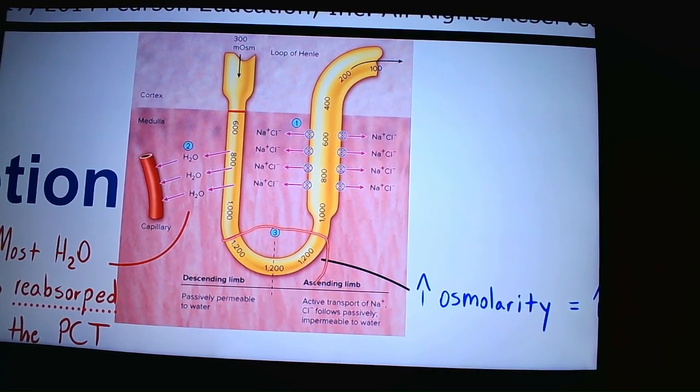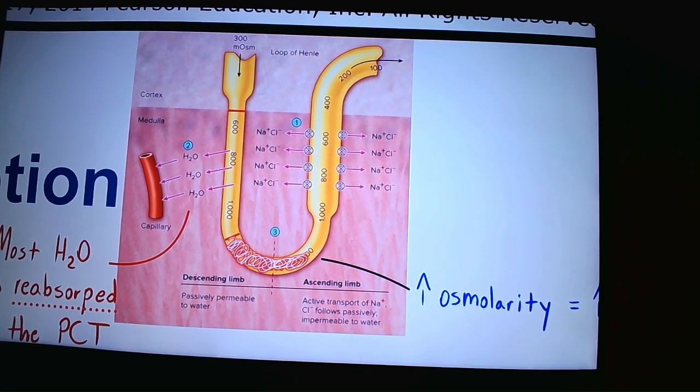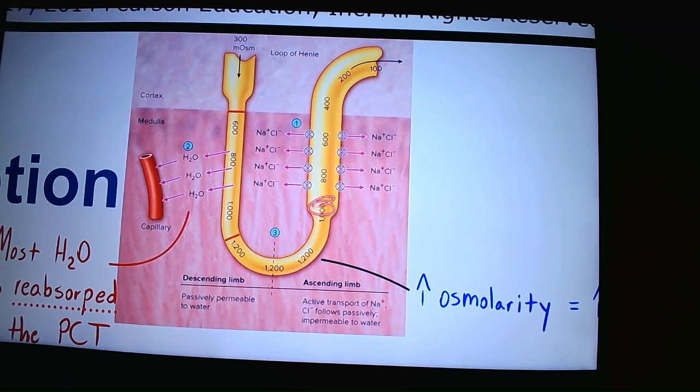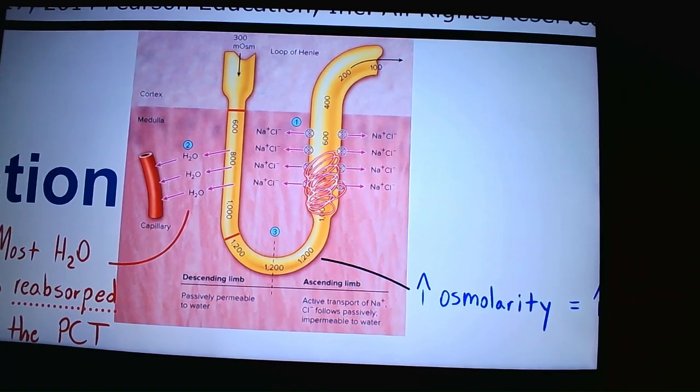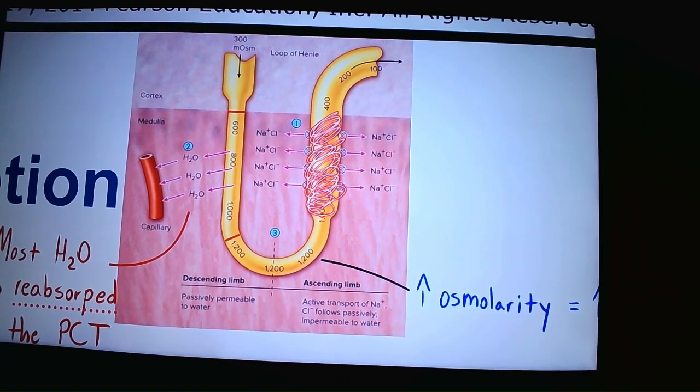While you have a lot of sodium right here, and that sodium is going to pull a lot of water into here. That's why urine production will be very high in the loop of Henle if you use a loop diuretic in comparison to a thiazide diuretic that works more in the distal tubules.